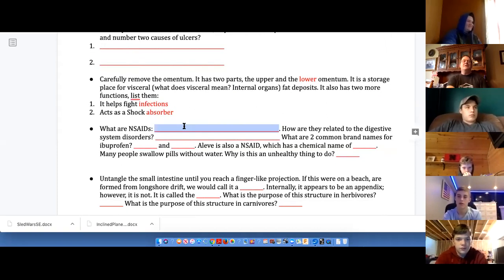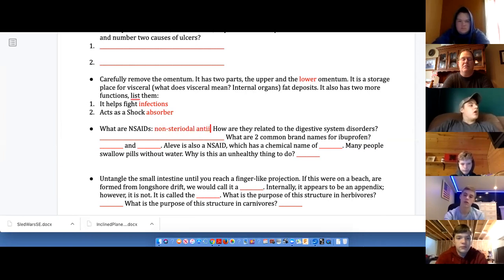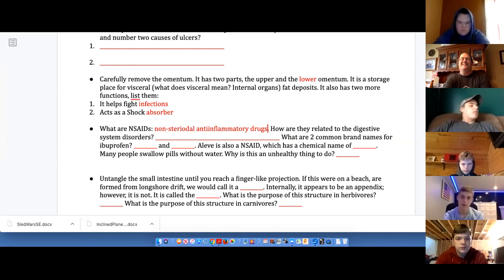Okay, what is an NSAID? Non-steroidal anti-inflammatory drugs. Okay, how are NSAIDs related to digestive system disorders?